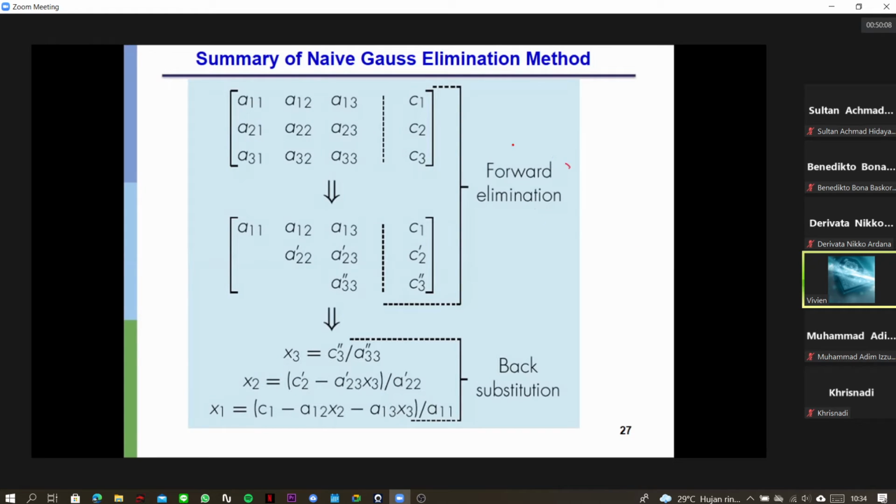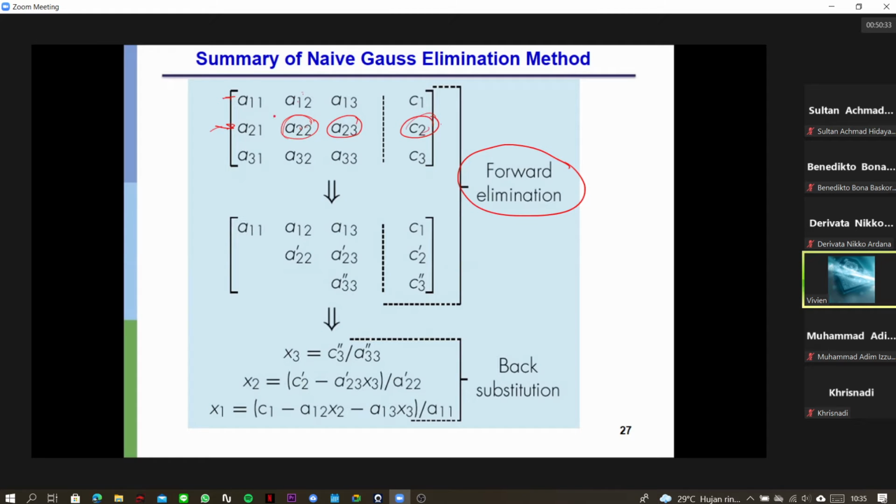The first stage is forward elimination, so we try to make the original matrix A become upper triangular. Keep in mind that when we subtract, for example, the second row with the first row, all the values here are also changing, because when we subtract the equation, all the elements here are also changing.